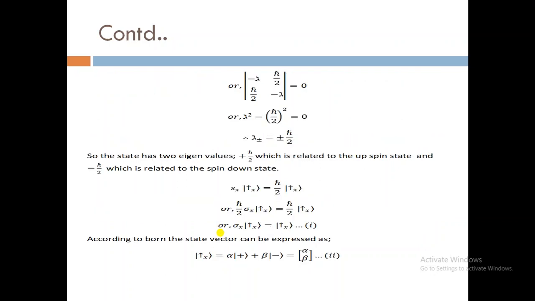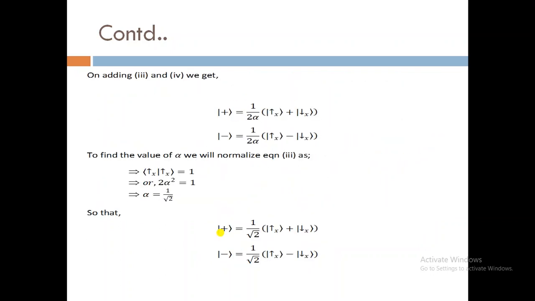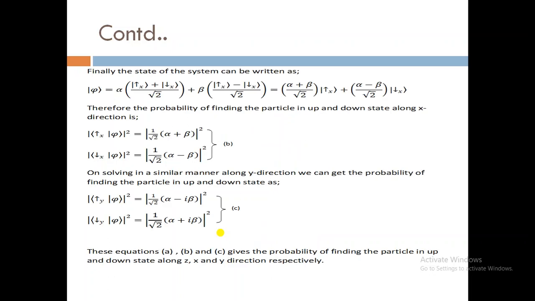On solving in a similar manner, Born found that the probability of finding the spin up state along the y direction is |(α − iβ)/√2|², okay. I have directly written this over here. You can solve in a similar manner to check whether this is correct or not.